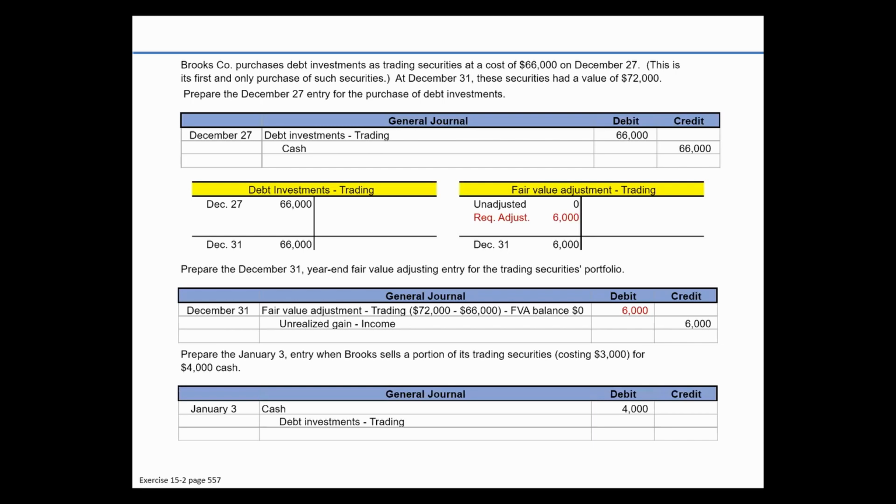And then you would record a credit for debt investments trading for $3,000 because the securities originally cost us $3,000. And then we're going to record a credit in the amount of $1,000 for the gain on sale of debt investments, because we have to record that. And again, that would go onto the income statement later.